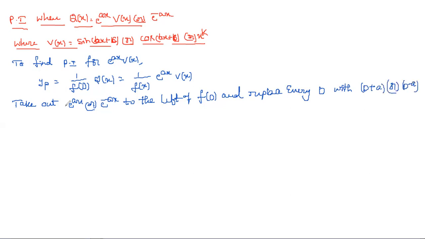So first we are writing the theory, and then we'll expand that. Take out e power ax or e power minus ax to the left of f of D and replace every D with D plus a or D minus a, so that f of D becomes f of D plus a or f of D minus a.